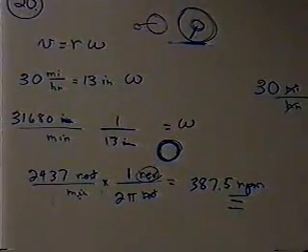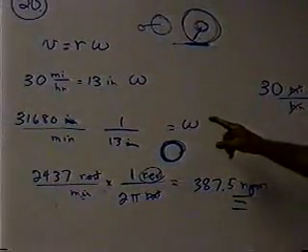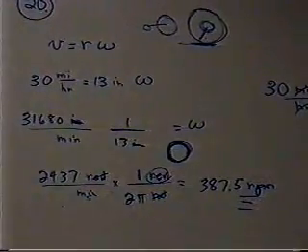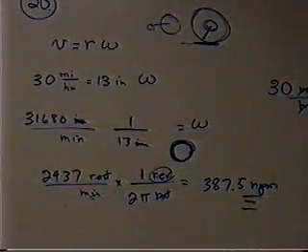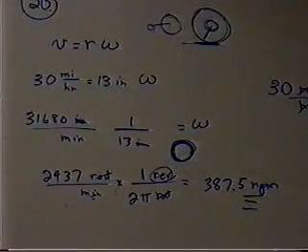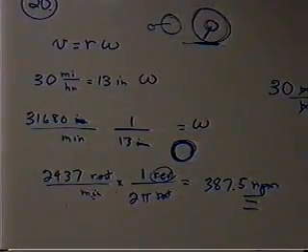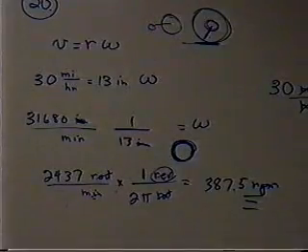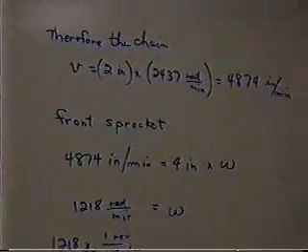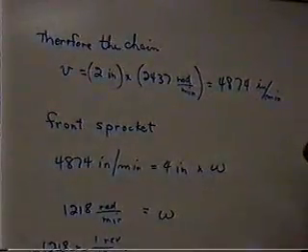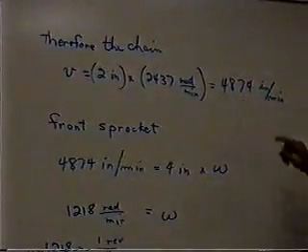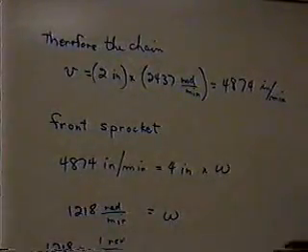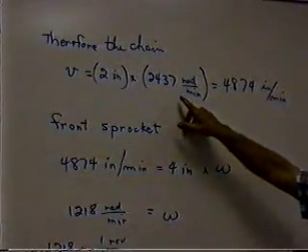But that's a relationship from changing 30 miles per hour to 387.5 RPMs. All right, now let's look at the next part. That means if that wheel is turning that way, then that chain is moving at that velocity.